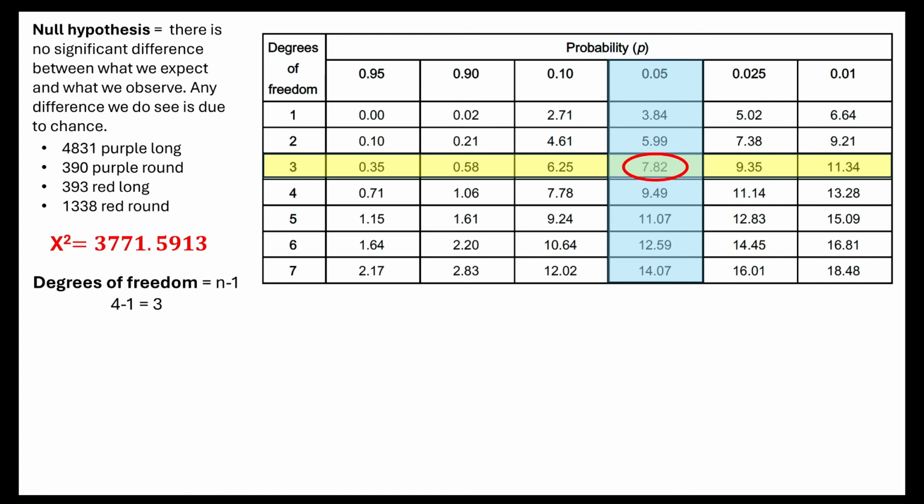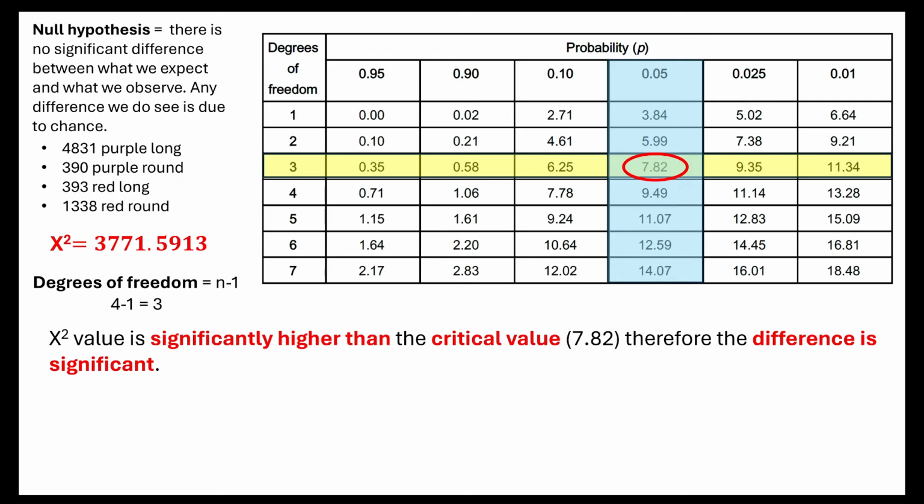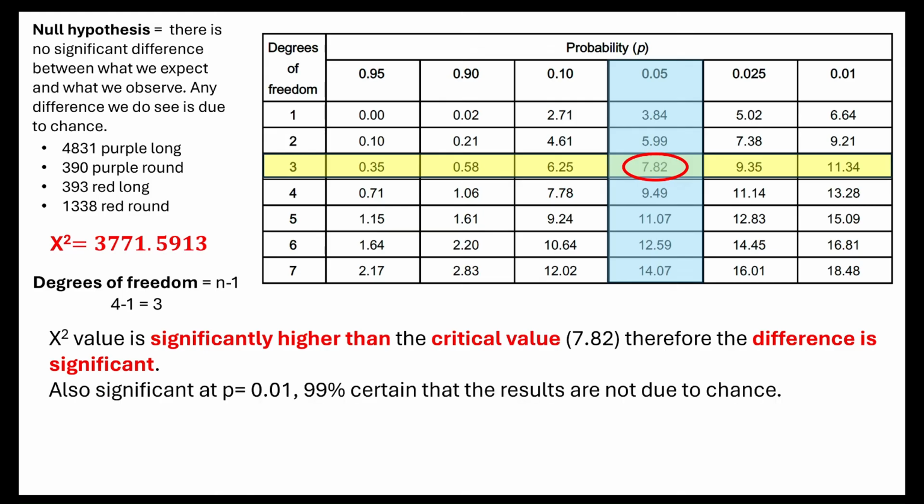So what does that then mean? Well, what I then say is that my chi-squared value is significantly higher than that critical value of 7.82. Therefore, the difference is significant. Also, if you actually look at the probability of 0.01, I'm way higher than that as well. Therefore, I'm 99% certain that the results are not due to chance. Because these do not follow Mendel's law of independent assortment, the 9:3:3:1 ratio, I am rejecting that null hypothesis.